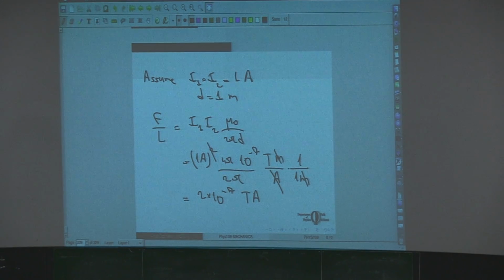Is this the correct unit? You see, the force has to be in newtons. Now we found something in Tesla amperes.